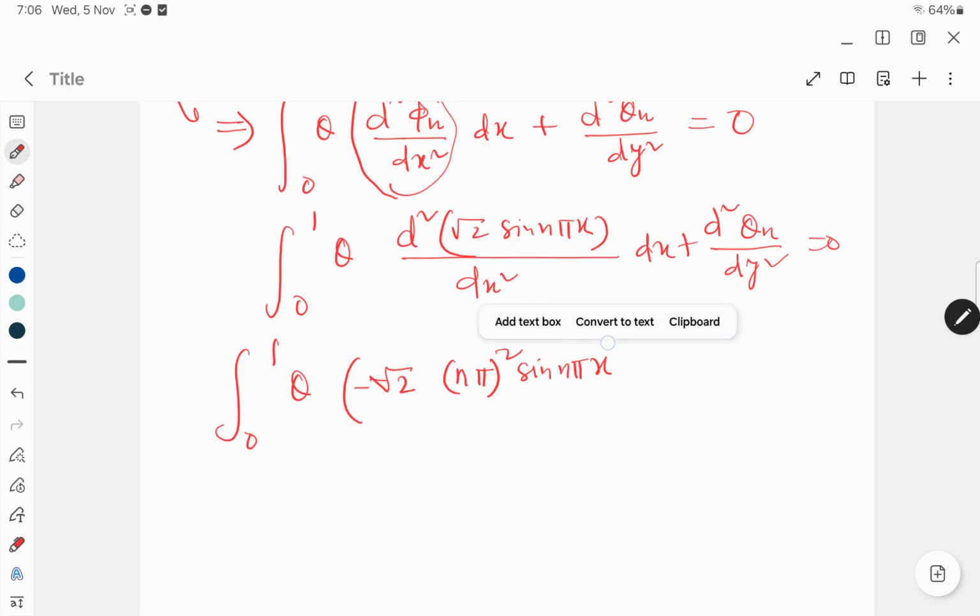So sin n pi x. Alright, so this would be the second derivative with respect to x, plus d2 theta n over dy square is equal to 0.